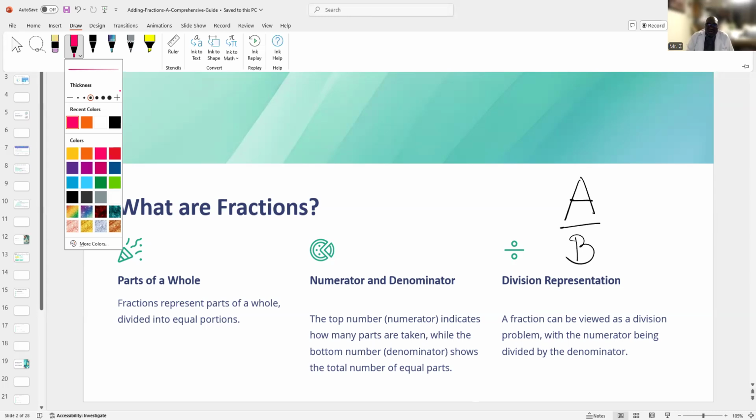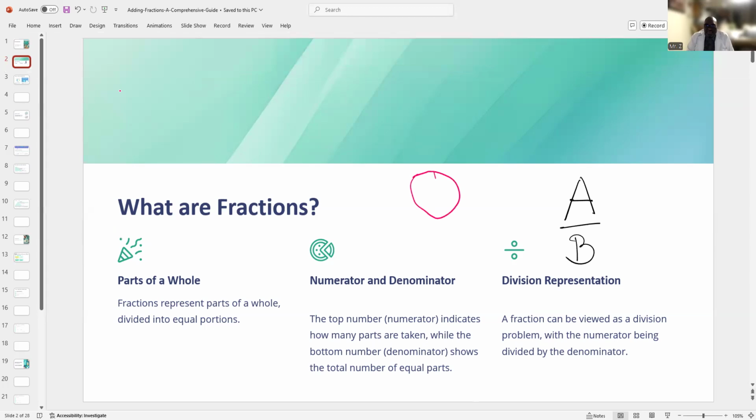So if I have a circle right there, divided into 4 equal parts, and we have used only that slice of our lovely pizza, it's only one part out of 4. So a numerator is a top number. In that case, it's going to be 1.